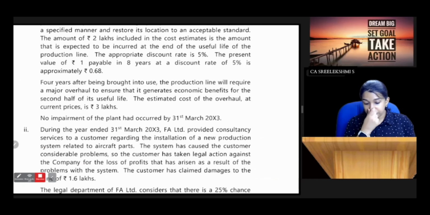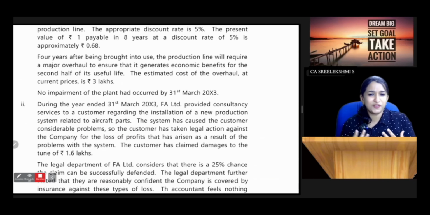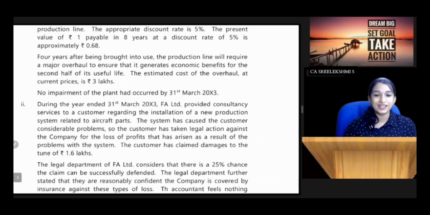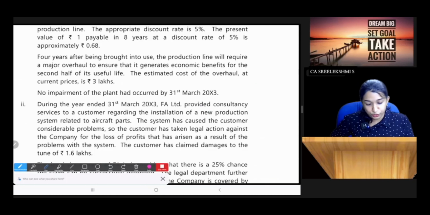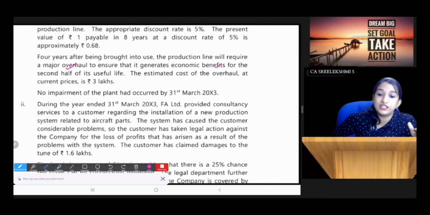4 years after being brought into use, as I always say, you should have that patience to read or complete the question, having that presence of mind. 4 years after being brought into use, the production line will require a major overhaul or inspection to ensure that it generates economic benefits for the second half of its useful life.